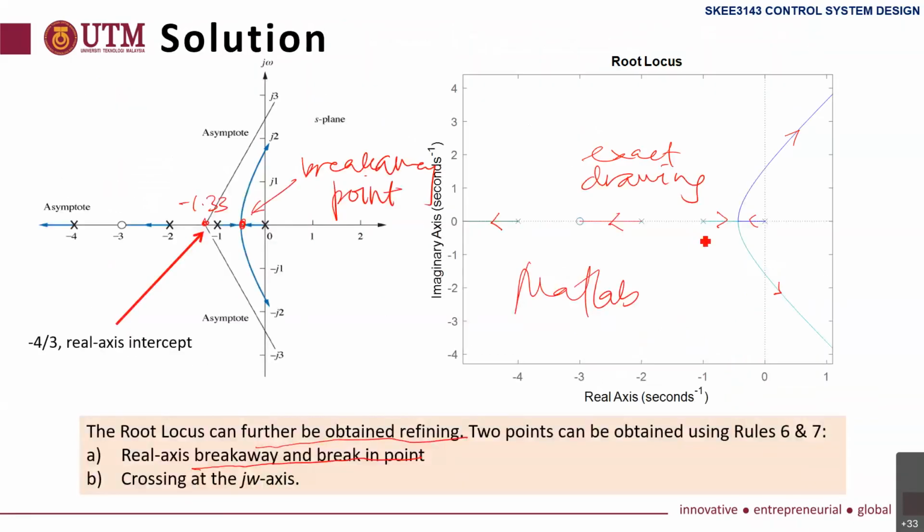And another thing, this is rule number 6. Rule number 7 is about crossing at the j omega axis. This is the j omega axis. The crossing point here is obtained through rule number 7. Here, rule 7. This is the break-in point and breakaway point, rule number 6.